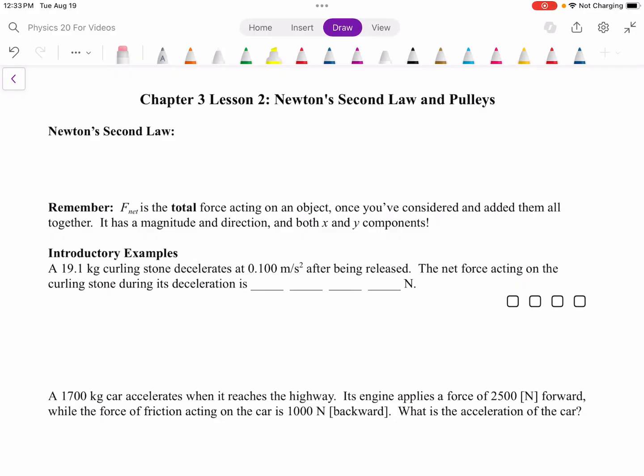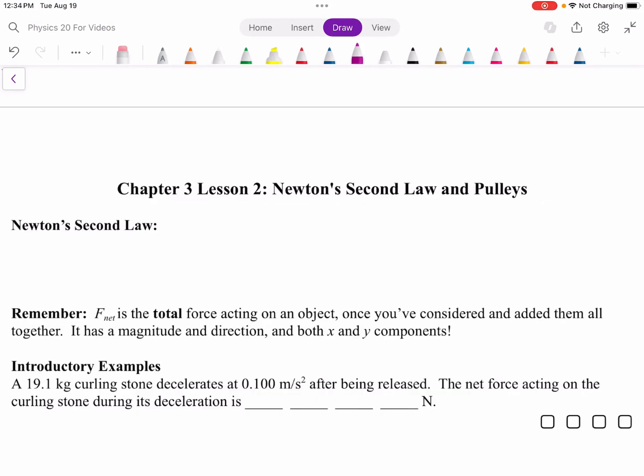Let's start out by reminding ourselves of what Newton's second law actually says. And honestly, the second law is best stated, I think, as the equation, right? It just says that if an object is experiencing a net force, it will accelerate, and that acceleration will be equal to the net force it's feeling divided by its mass.